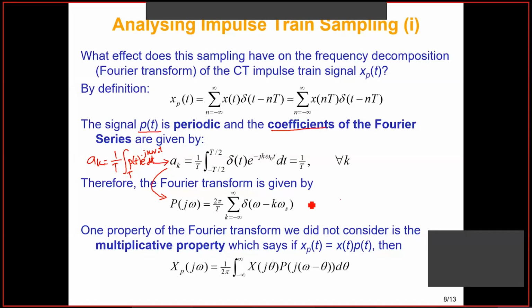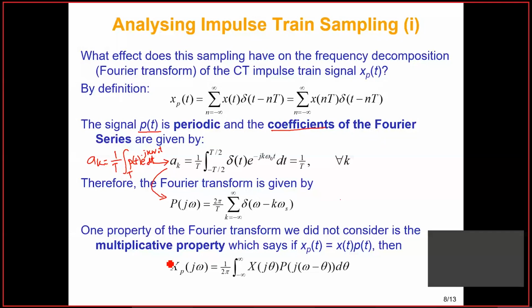So this is what we see right here, that your X_p(jω) is basically X(jω) convolved with P(jω) and a scaling factor of 1 over 2π outside.